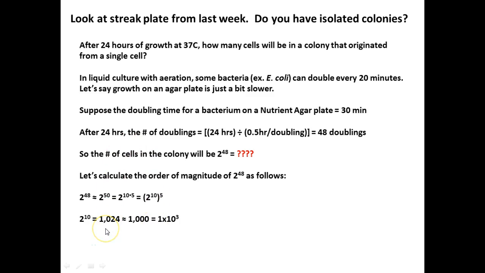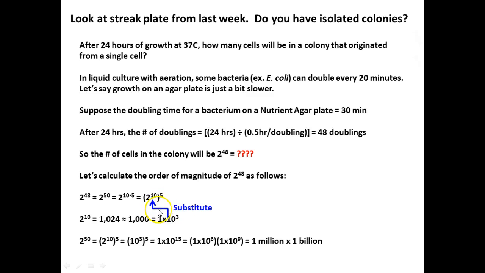So 2 to the 10 is 1,024, and say that's around 1,000, and then multiply it by a magnitude of 5. So 3 times 5, because we wrote in exponents.